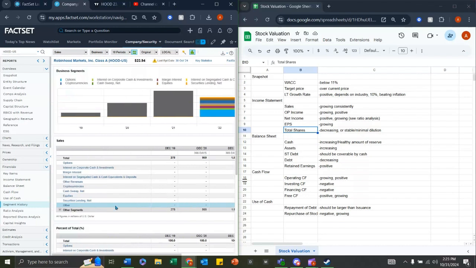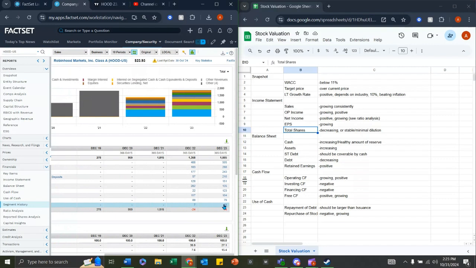Like this one, other, 41 million is a fraction of their cash. They could probably get rid of the bottom 6 here and just combine them into other, and it would make everything a lot easier. But it doesn't matter too much.